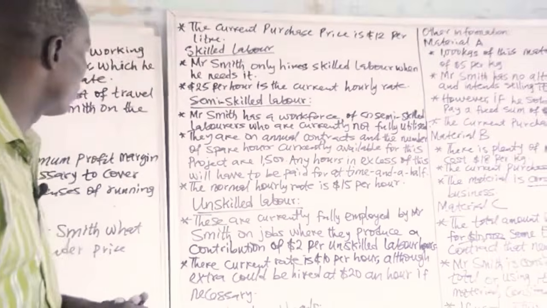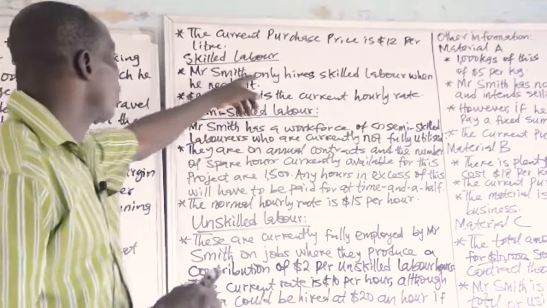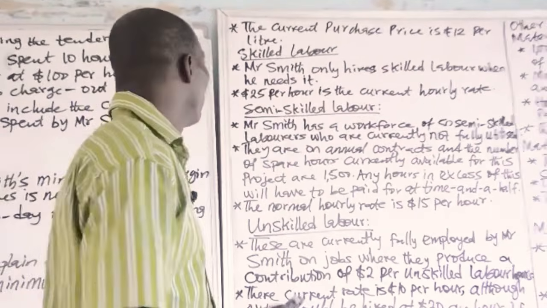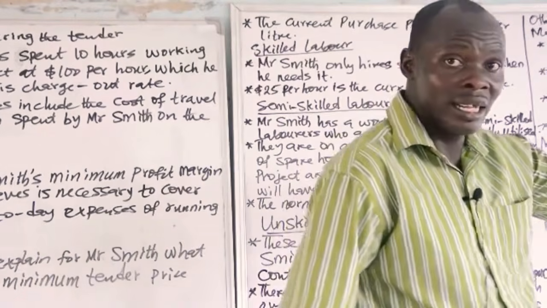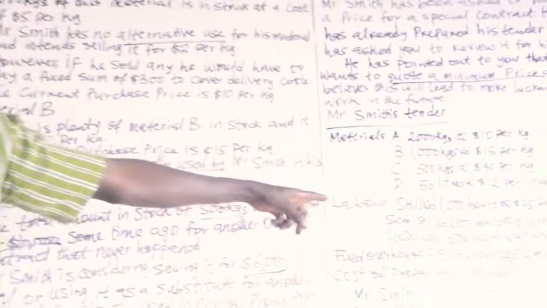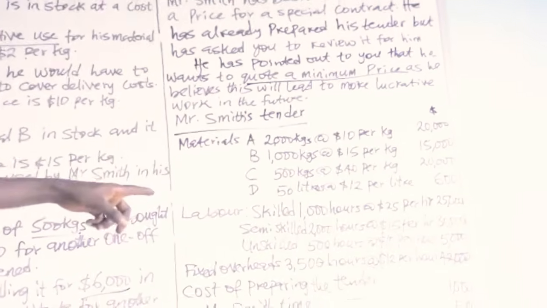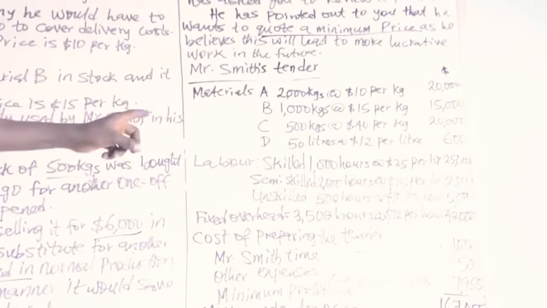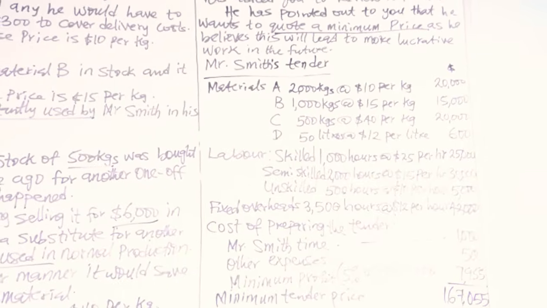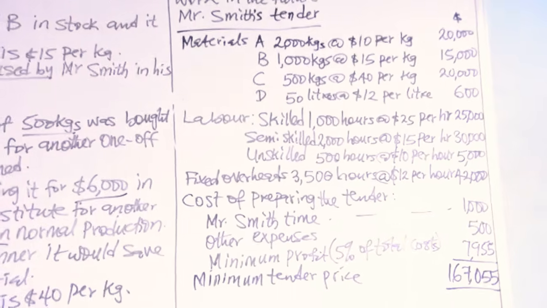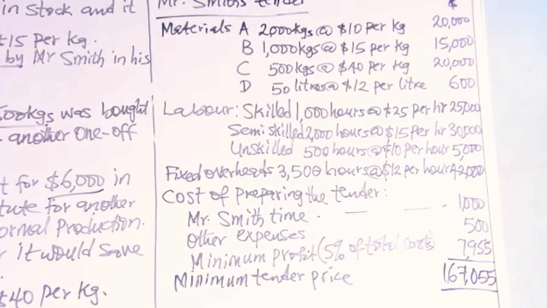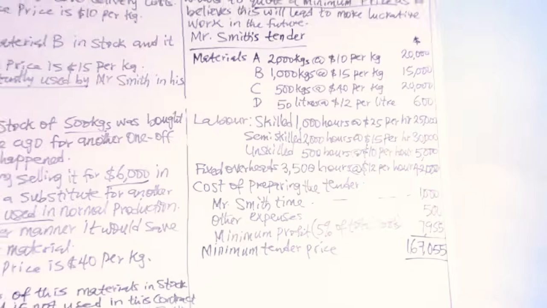Then, skilled labor. Mr. Smith only hires skilled labor when he needs it. If you look at the skilled labor here, you have 1,000 hours at $25 per hour.